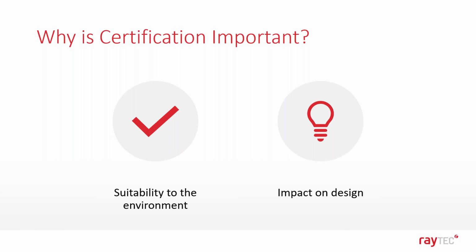The other and less obvious consideration is how the certification can affect the design of the luminaire. Different luminaires can all be certified to the same EX rating, so you can have lots of Zone 1 luminaires, but they may use several different protection methods in order to do this. This means luminaires can be designed in many different ways, which can lead to very different designs between manufacturers and even between models within the same manufacturer.